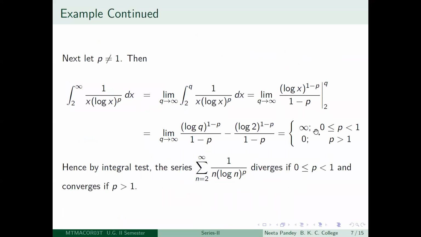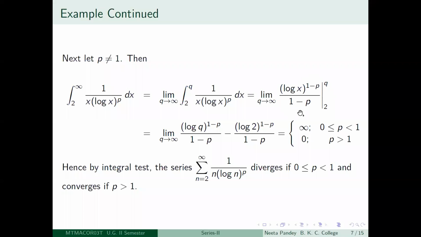Okay, so let me see whether I have done this one correctly or not. So let us see. What is the definite integral from 2 to q of 1 by x log x to the power p? So again, 1 by x is the derivative of log x, right? So you can just write this as log x to the power minus p plus 1 divided by minus p plus 1, right?